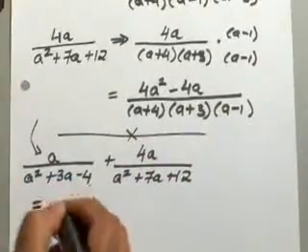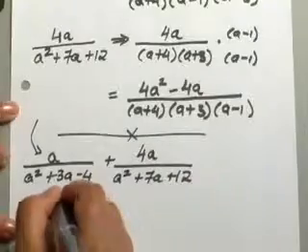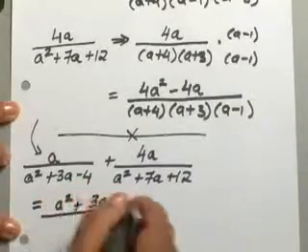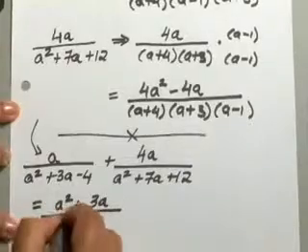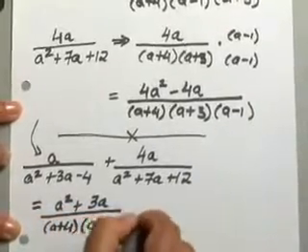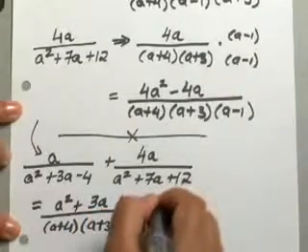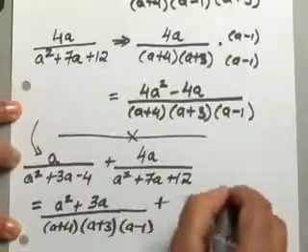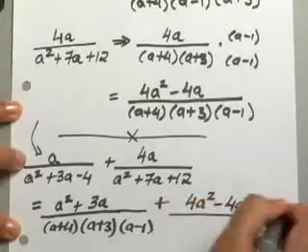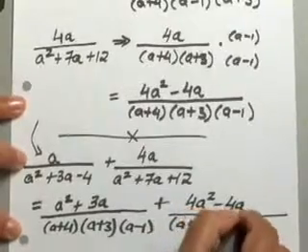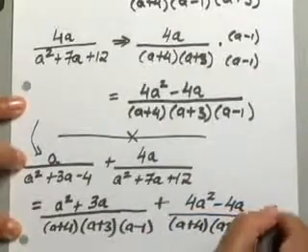In their equivalent forms, we will write these as a squared plus 3a over a plus 4, a plus 3, a minus 1. And we're adding this to the equivalent form for the second one, which will be 4a squared minus 4a over the same denominator, a plus 4, a plus 3, a minus 1.